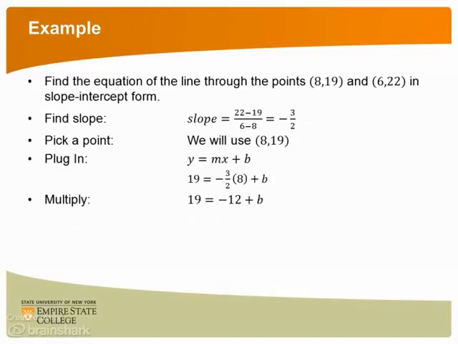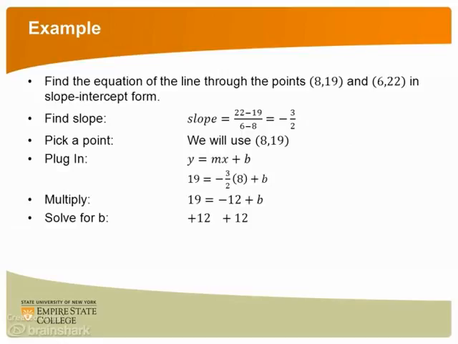Now we multiply the slope by the x value, so we have negative 3/2 times 8. We can reduce the 8 by 2 to get 4, and then multiply that 4 by the negative 3 to get an answer of negative 12. Because we want to solve for b, we have to eliminate the negative 12.